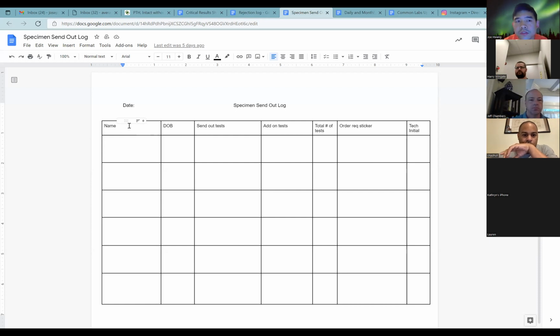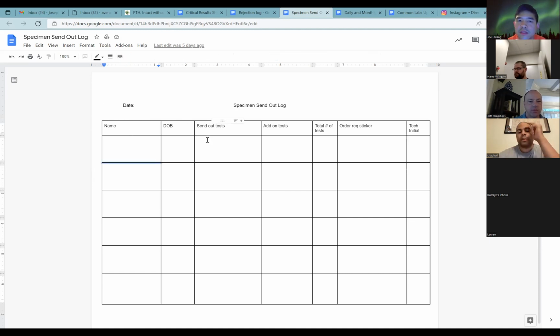They probably will continue to give you a verbal and write down the tests that they want on the patient intake form. But this is just a way to get all the labs together, all the orders for that day in one place. So they write the name, date of birth, and then what test they want.